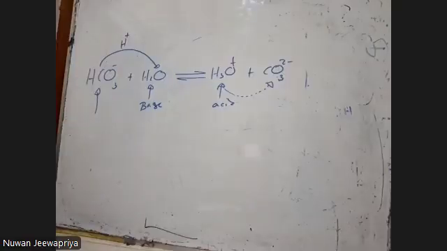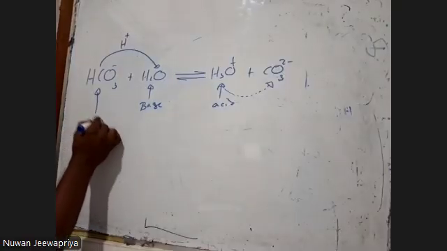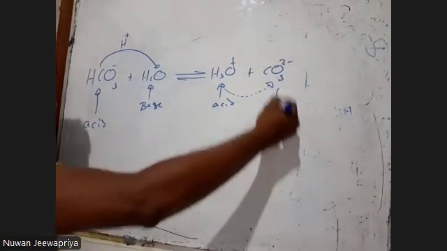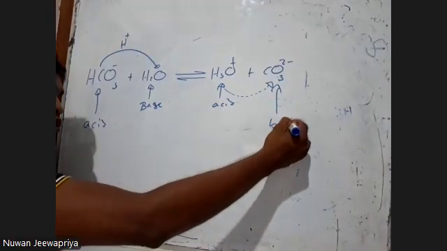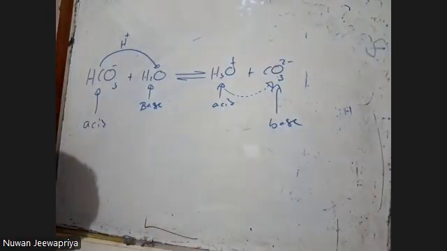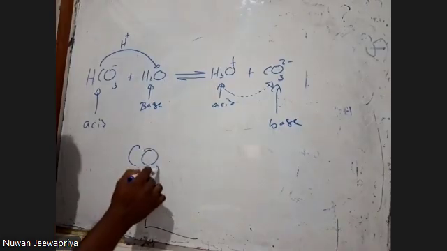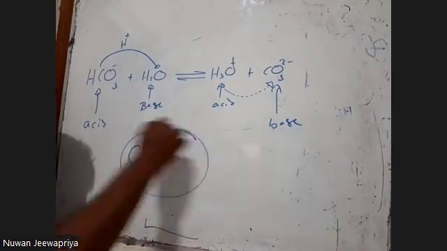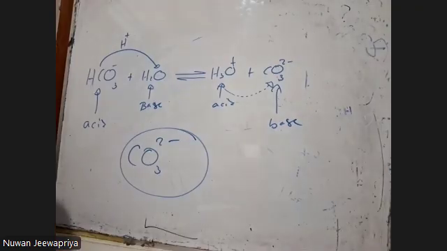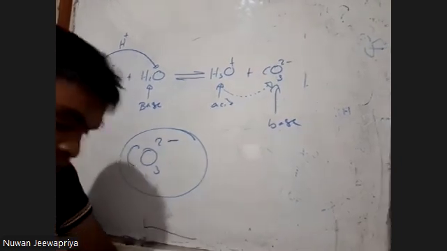Since it is a donor of H plus, it is the acid, and that one's conjugate base is this one, CO3 2 minus. So B is the answer for that.